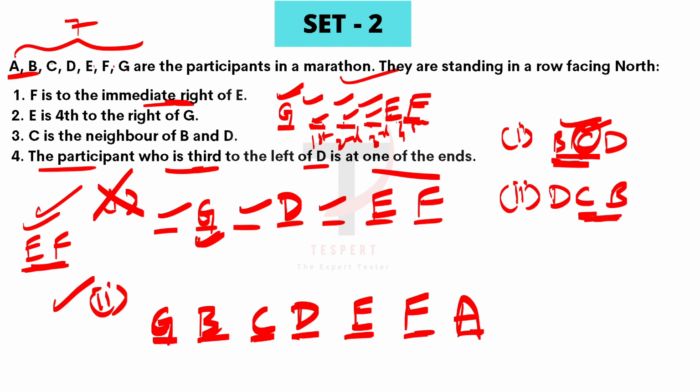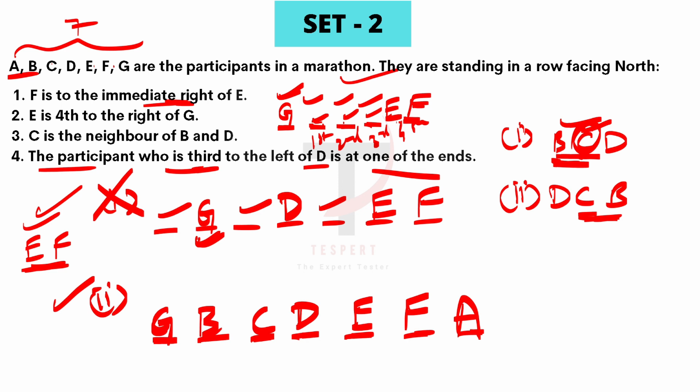Very simple set. See, why we are starting with the basic level sets is because you have to learn all the basic concepts. Because if we take any CAT set, LRDI set, or even a quant question, that is a combination of more than 2 simple concepts.